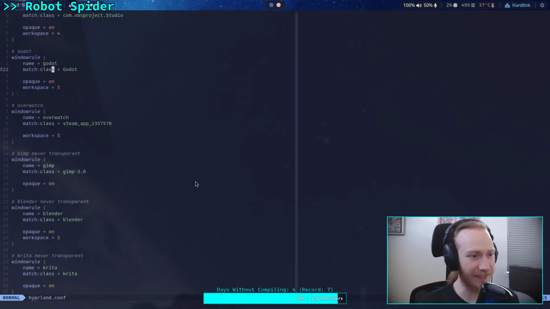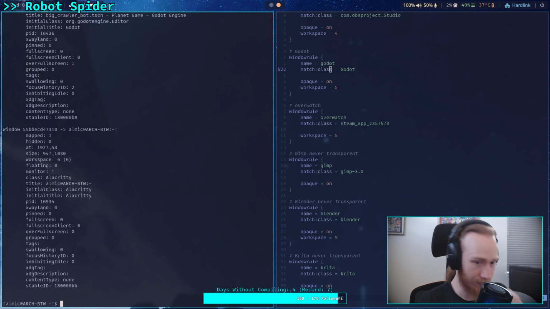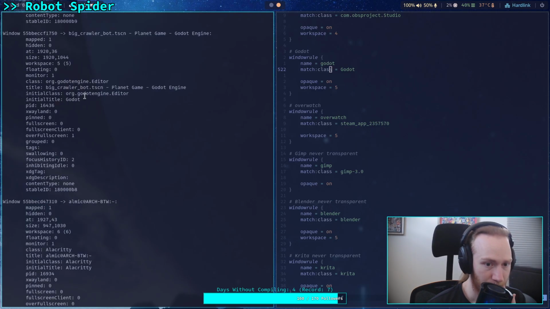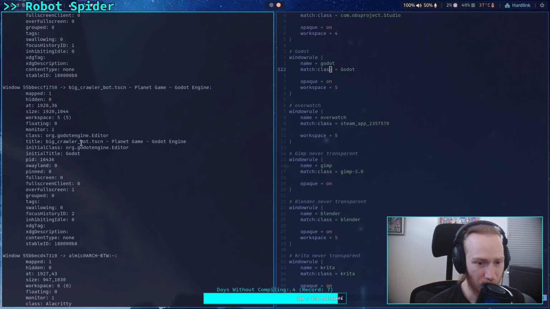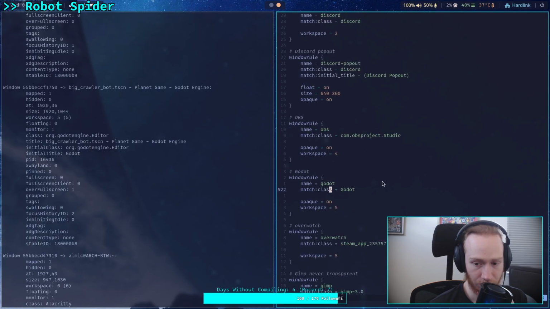It's really, really laggy to open things. Or did I just not hit the button? I guess I just didn't hit the button. Now it's called org Godot engine editor. Okay.